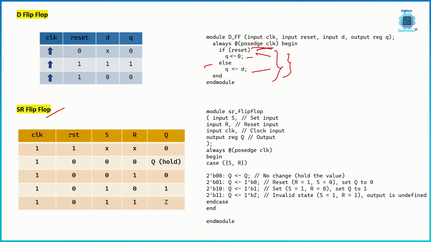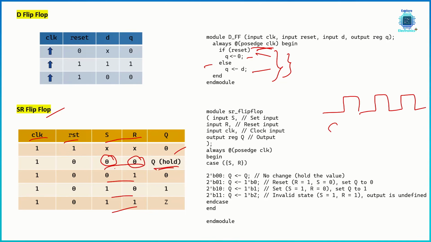Similarly, if you look at the SR flip-flop truth table, S and R are the two input variables here, and the clock will be a positive edge triggered clock here. If reset is 1, it will reset the output, and else, depending on the SR values, the outputs will be generated. For 0, 0 S and R value, Q will be in the hold state. It means it will be holding the previous value of the output.